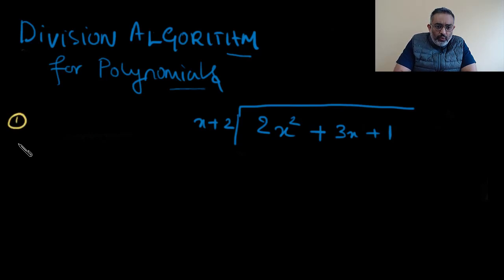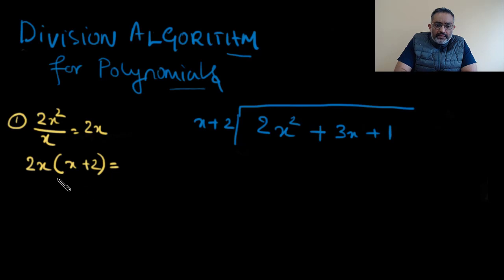For step 1, we will focus on 2x squared divided by x, and you're going to get 2x as the answer. Now we multiply this 2x by this expression x plus 2, and we get basically 2x squared plus 4x.